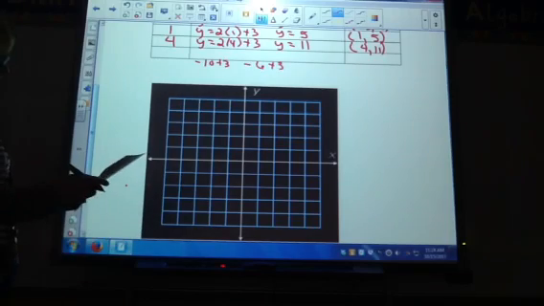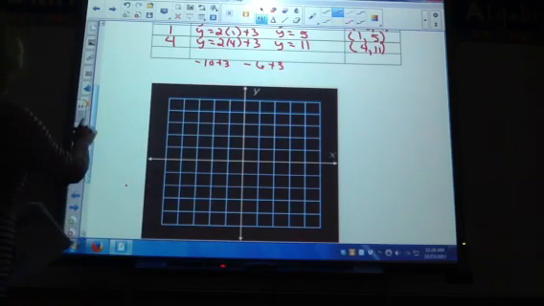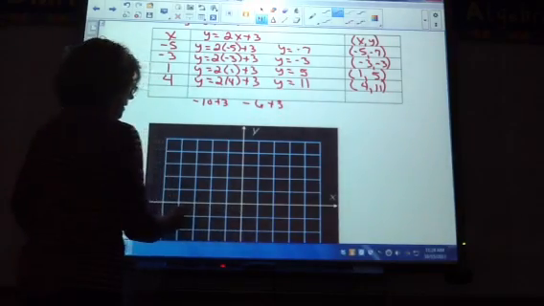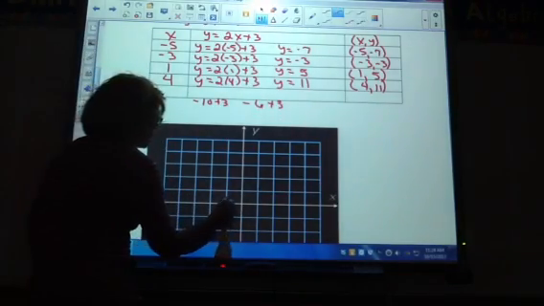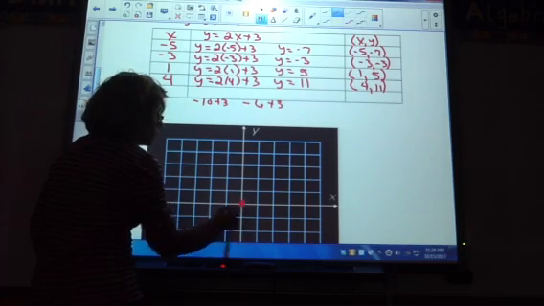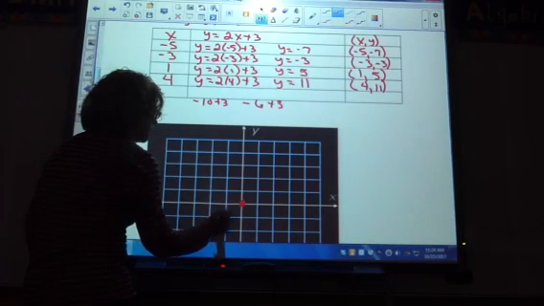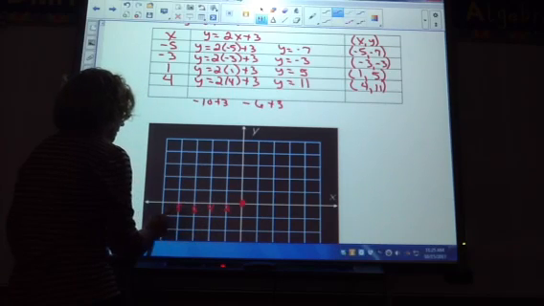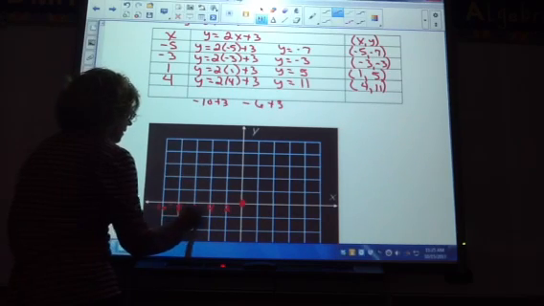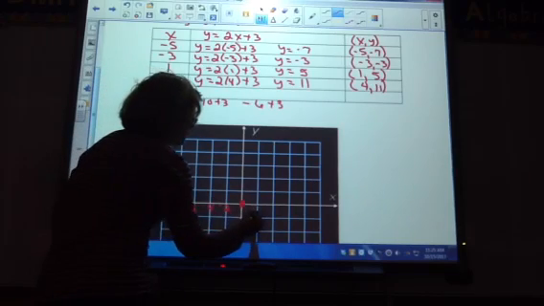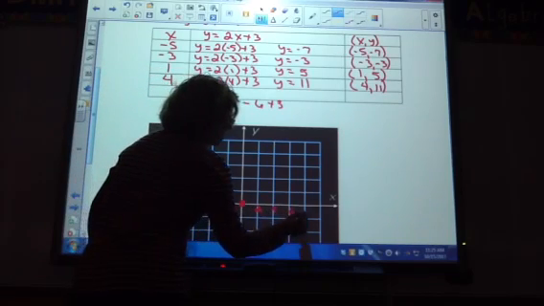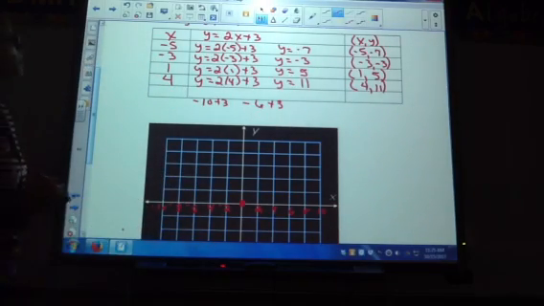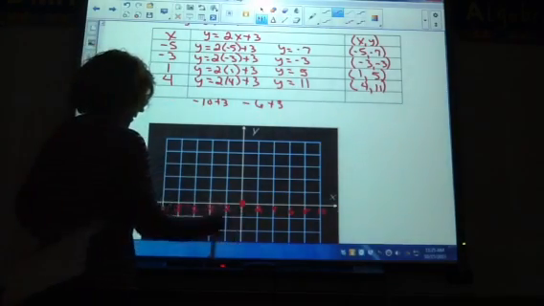Okay, so let's see here. Let's label these tick lines. Here's your center point, your origin, that's 0. So let's label these. Every tick line is going to represent 2. Okay? All right, so we have negative 5, negative 7.